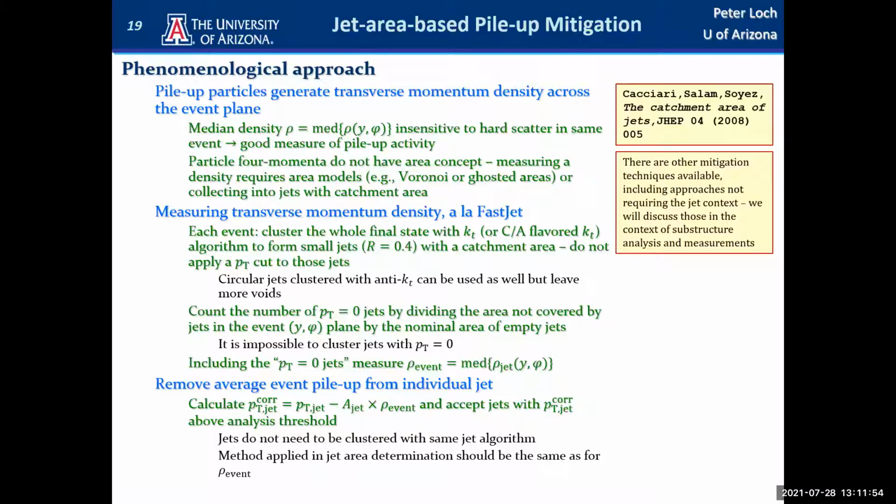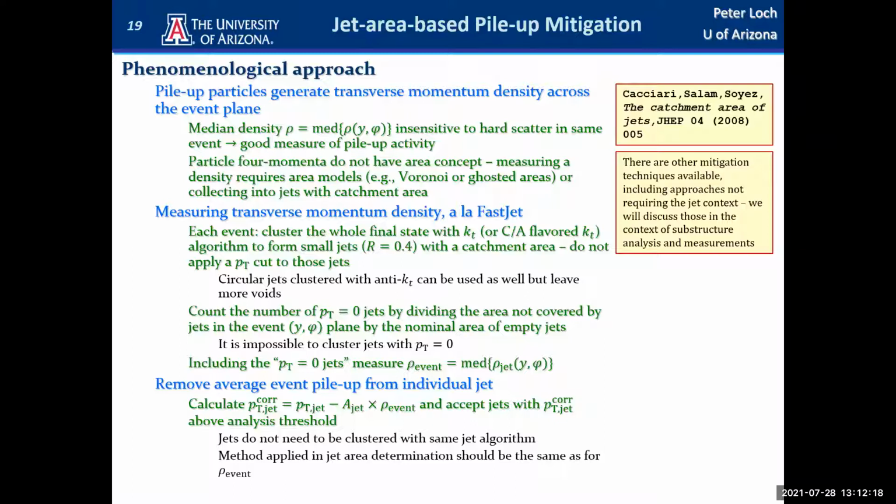Anyway, you take your original pT of the jet, you subtract the area of the jet times the density, and you get a corrected pT. And then you ask, is this corrected pT above the analysis threshold I want to apply to my jets? So you lose a few jets, which probably are good candidates for being from pileup.